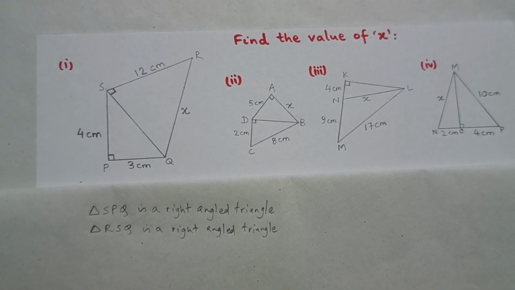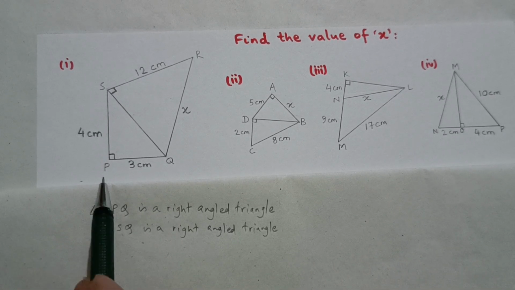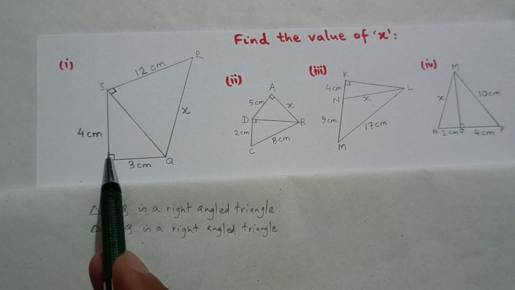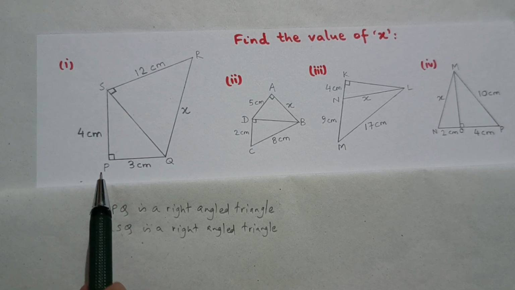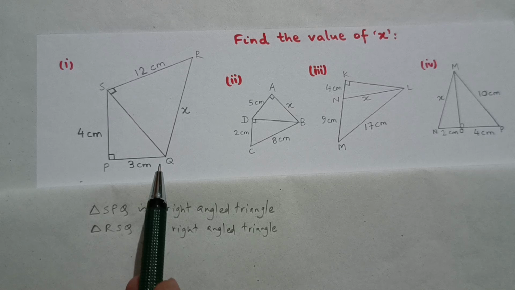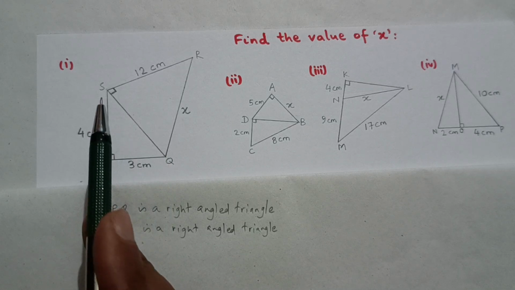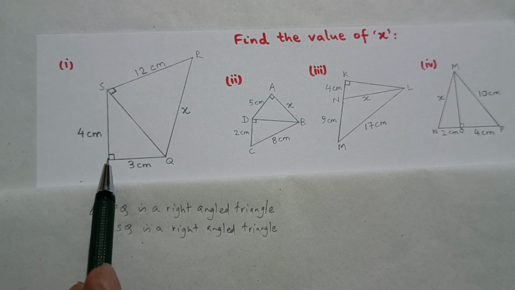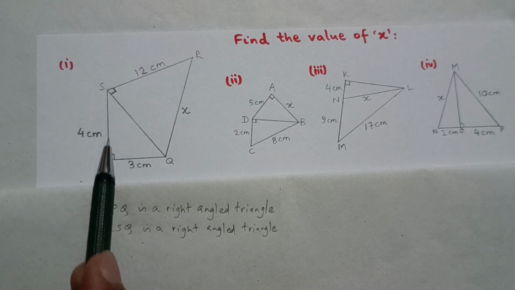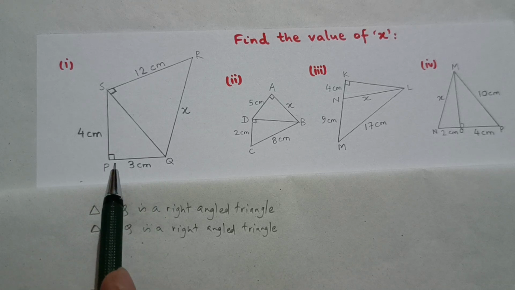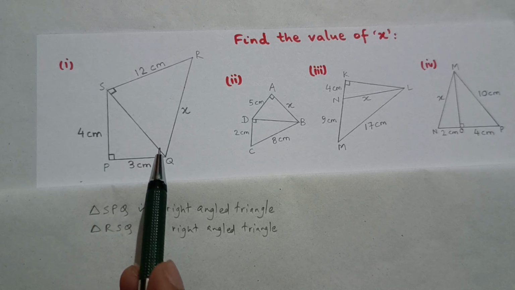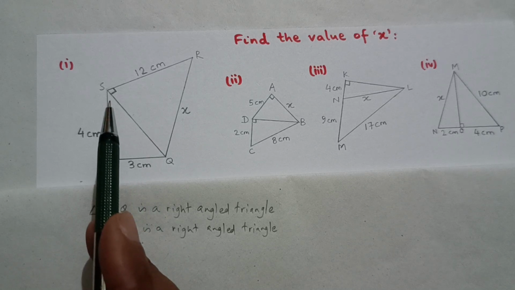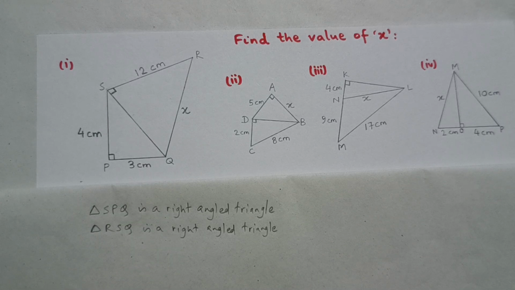So what we will do is, first we will take this right angled triangle, which is triangle SPQ. In this right angled triangle, I know the measure of side SP and side PQ. So by applying Pythagoras theorem, I can find the measure of side SQ.